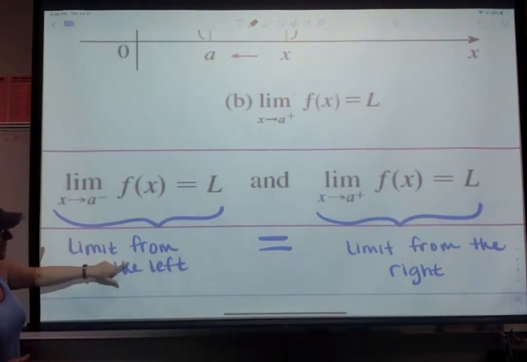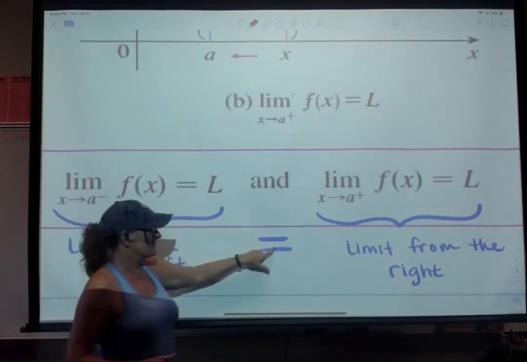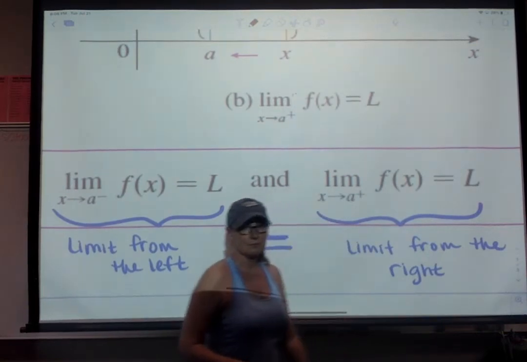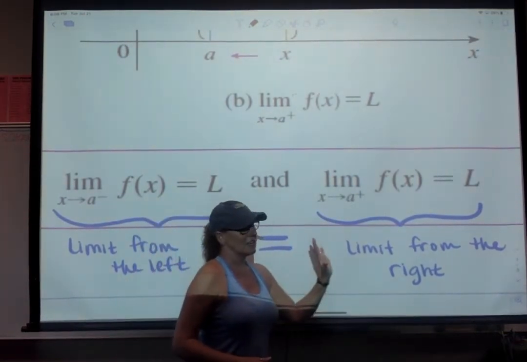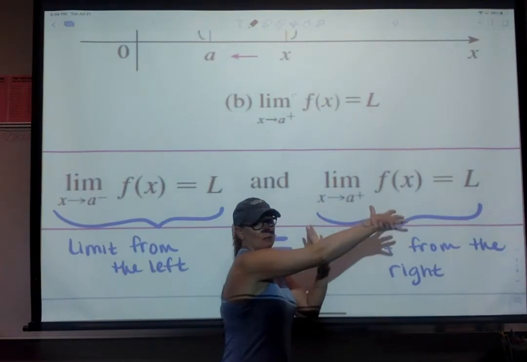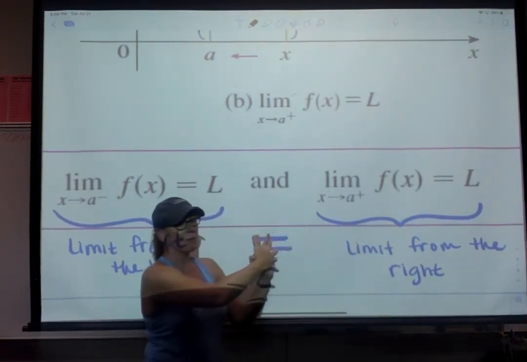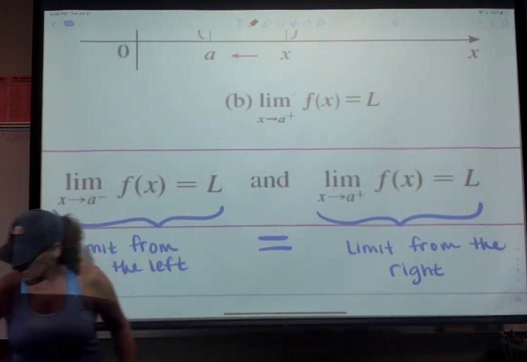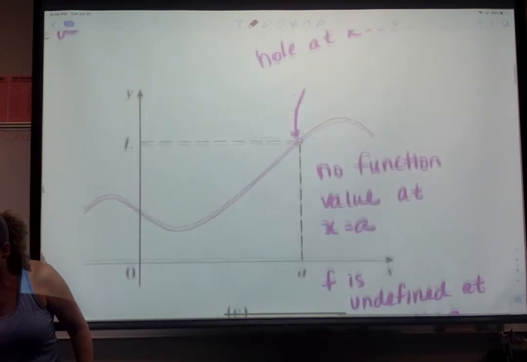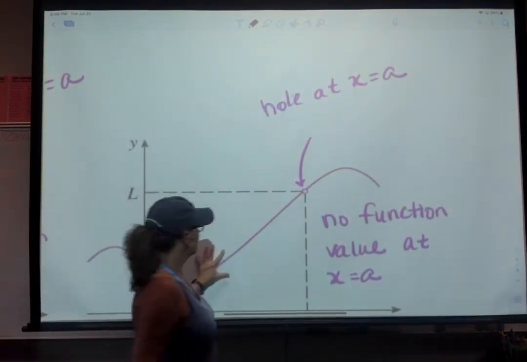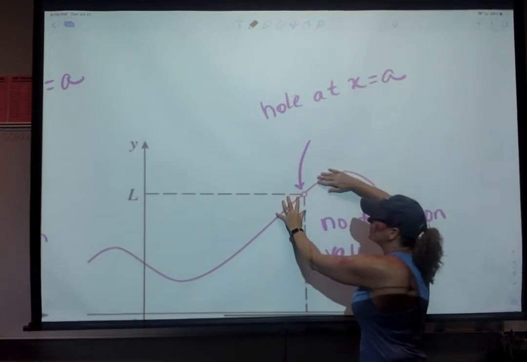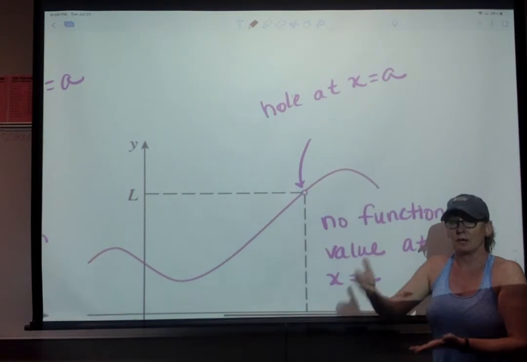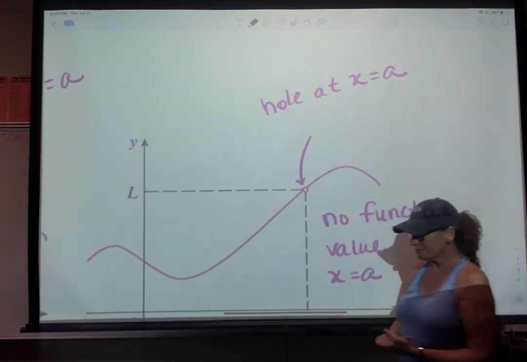The limit from the left results in the same answer as the limit from the right. If the left-hand side is going toward a number and the right-hand side is headed toward the same number, the limit exists, and we can write the answer for it.